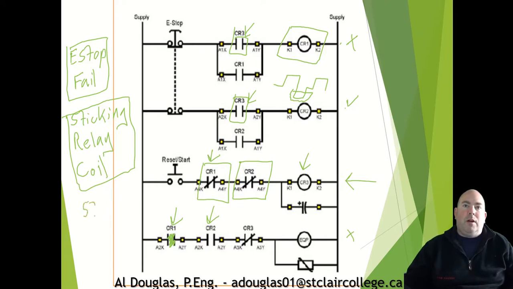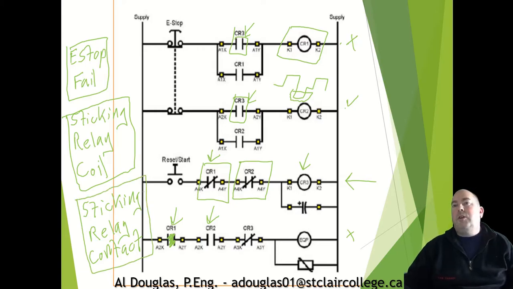So that is guarding against sticking relay contact. So those three cases of potential failure that we talked about with the single circuit, this dual circuit protects us against all three of those cases.